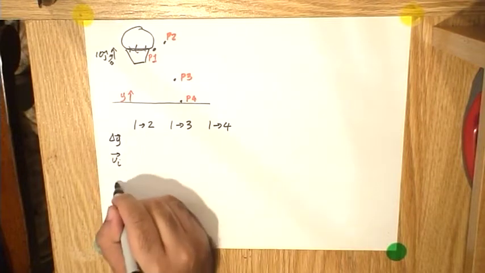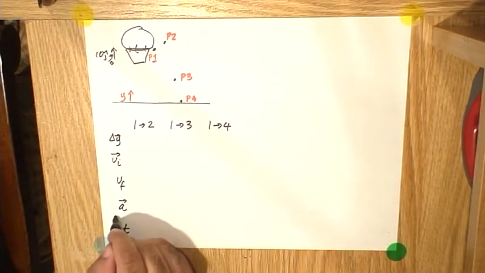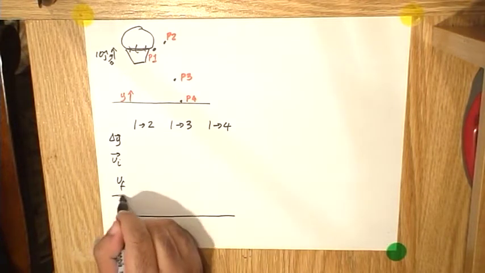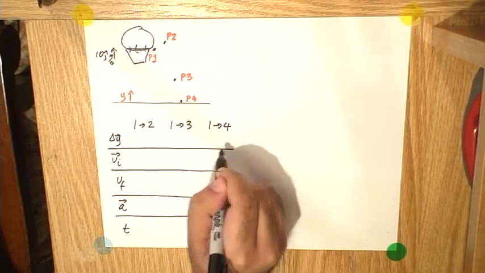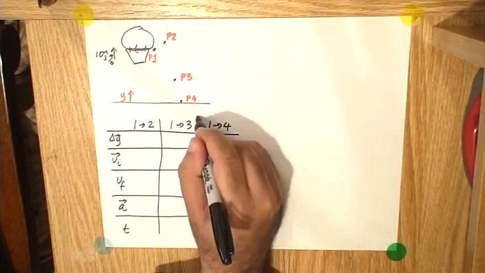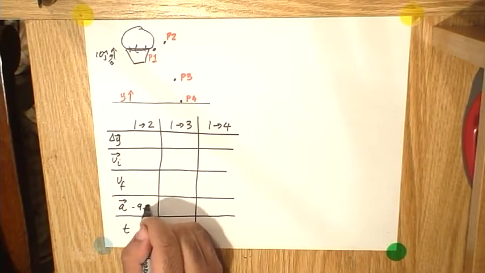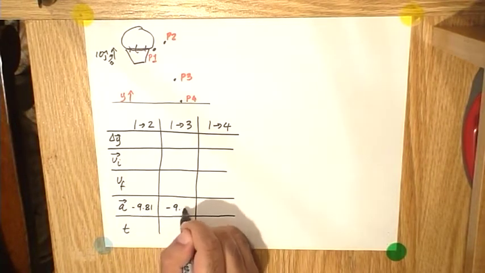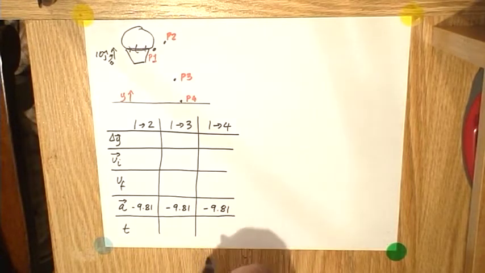There's an initial velocity, there's a final velocity, acceleration, and a time. Now, because in all of these cases, this ball is under the influence of only gravity, the acceleration will be negative 9.81 for each one of these different cases.